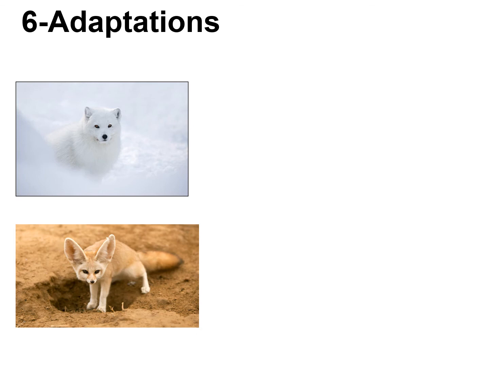While other foxes have adapted to the desert, they're brown so that they blend in with the dirt. They have very large ears to help with releasing heat, and their fur is not as thick. So these are two related species who have adapted to two different environments.